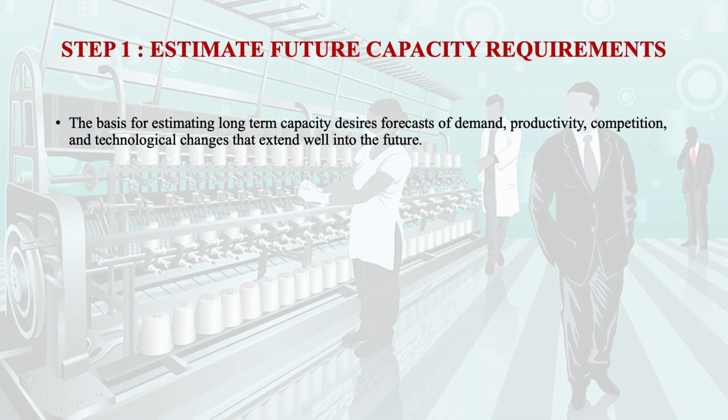If we talk about the first step, estimating the future capacity requirement, the basis for estimating long-term capacity is the forecast of demand, productivity, competition, and technological changes that extend well into the future.